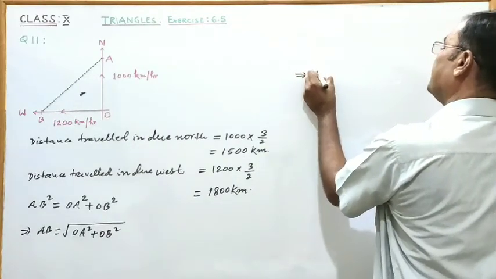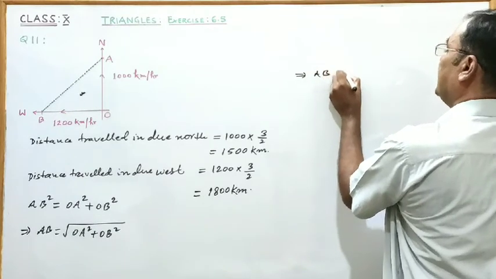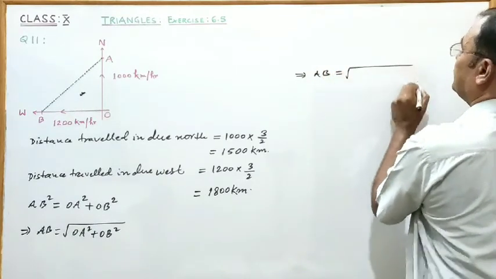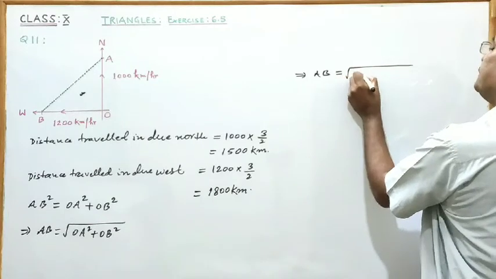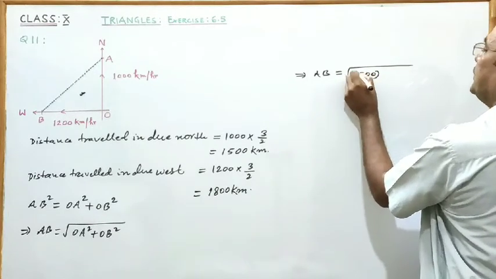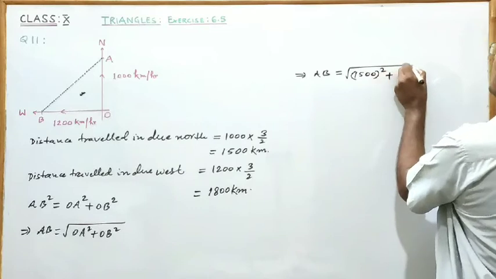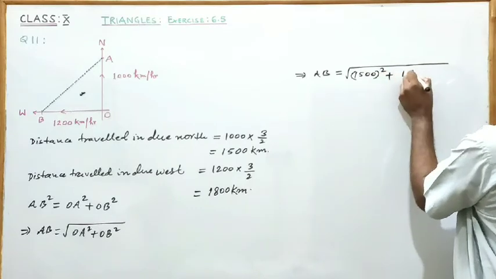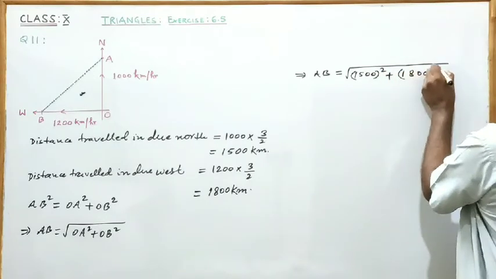This implies AB is equal to under root 1500 square plus 1800 square.